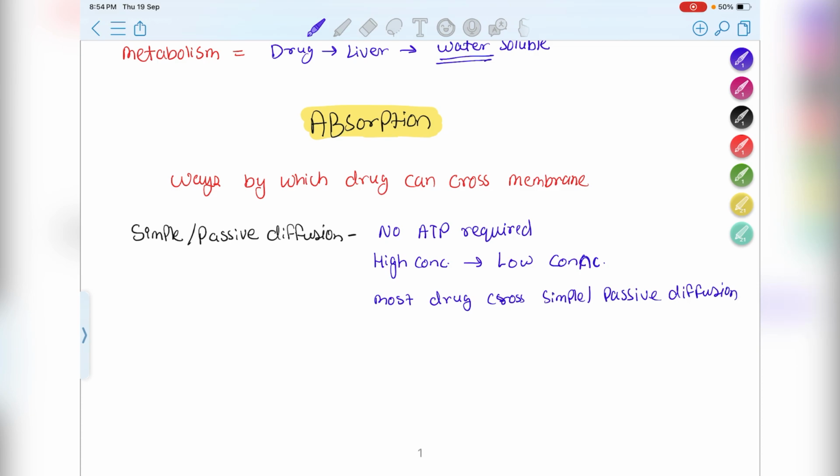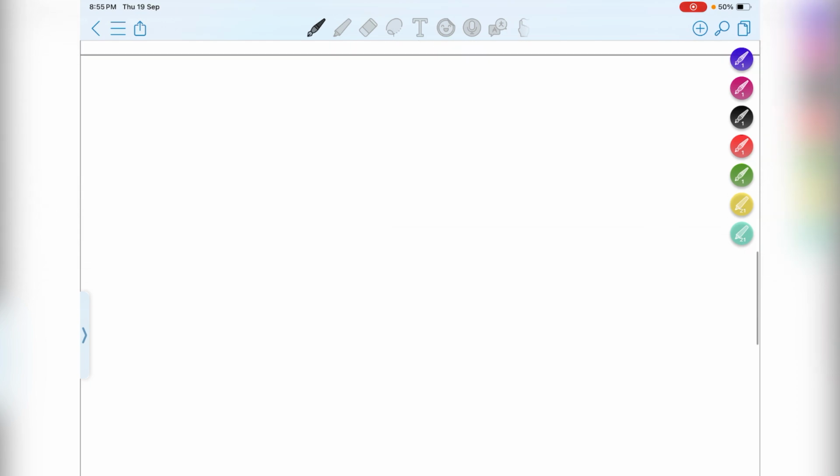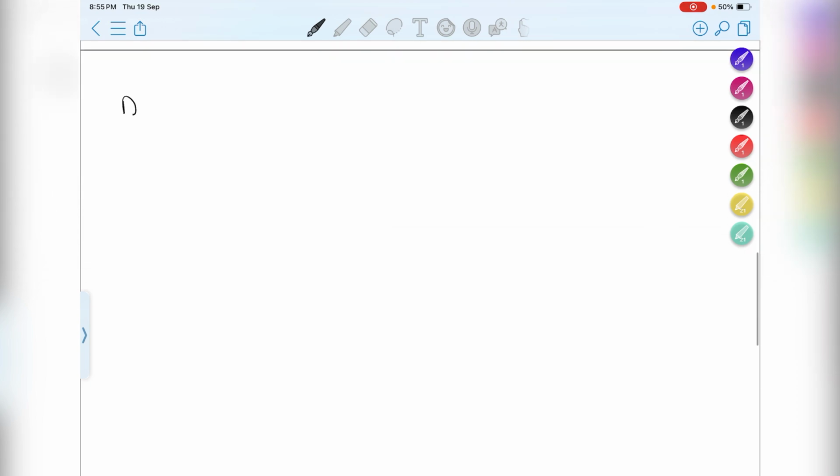Okay, and only lipid soluble drugs will cross by this method. Okay, the another way is aqueous diffusion.